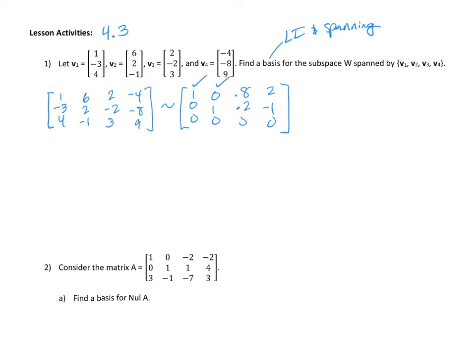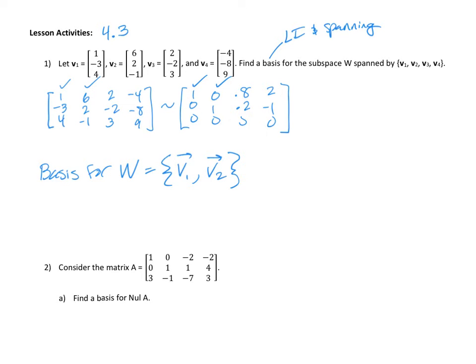Pivot column, pivot column. And those are the vectors from the initial set that I need, column 1 and column 2. So a basis for W would be just V1 and V2.